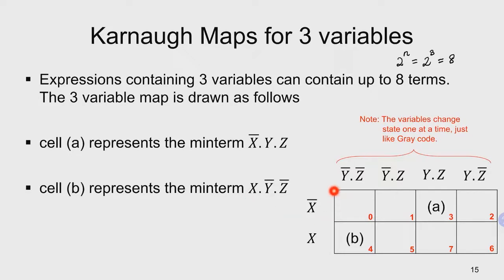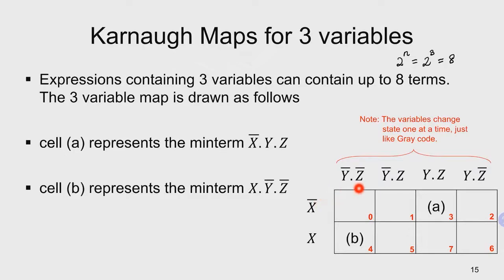To draw out the K-map, we can put one variable on one axis and two variables on the other axis. And how the variables are listed on the K-map is very important.